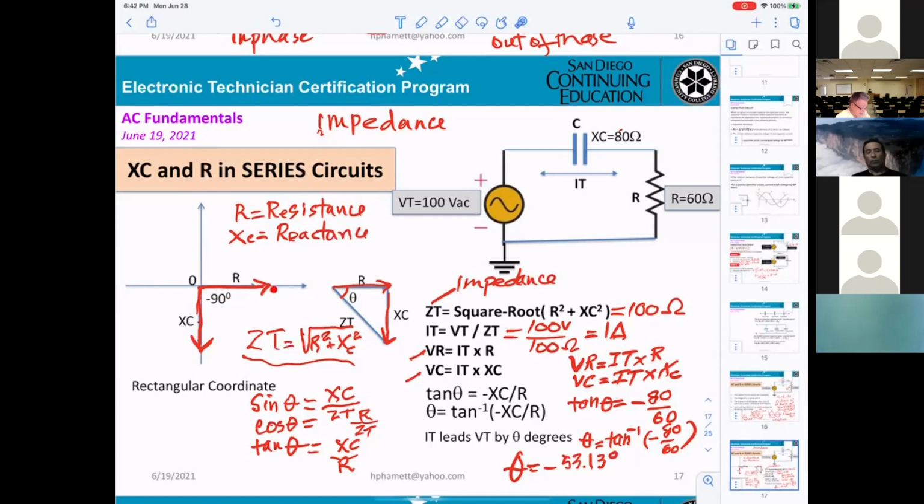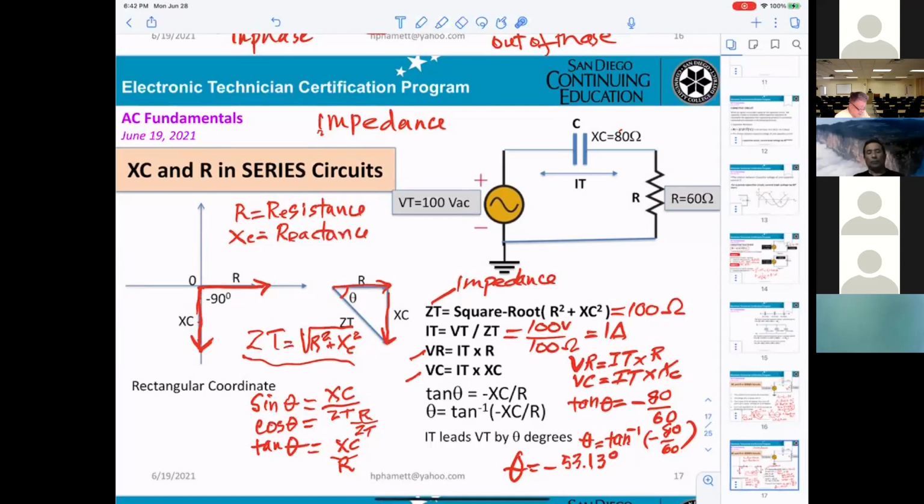So I draw R this way. Then XC must be going down, not up. And now you are able to get the phasor. You draw R here and you draw XC going down. So this is a triangle.